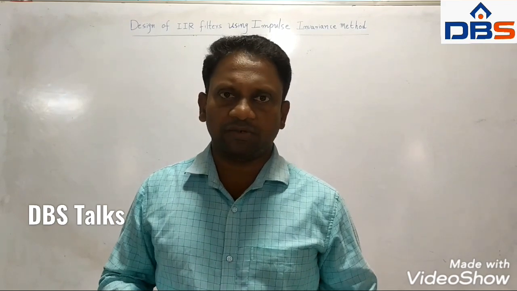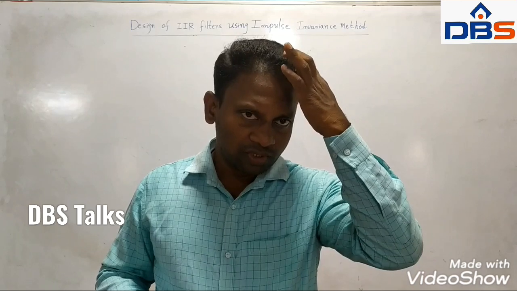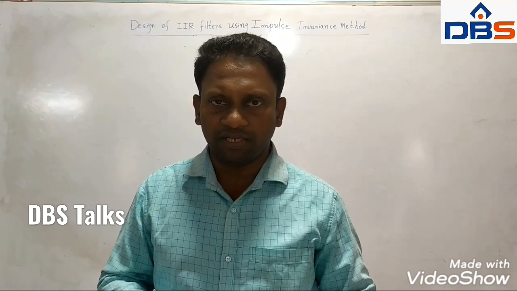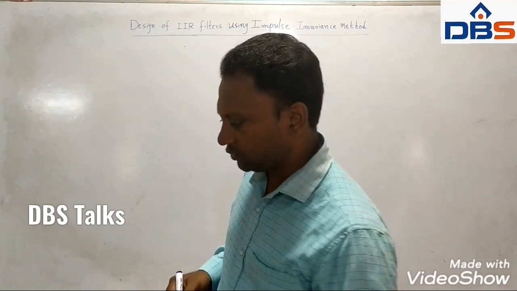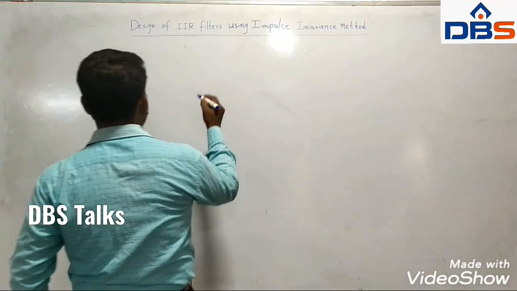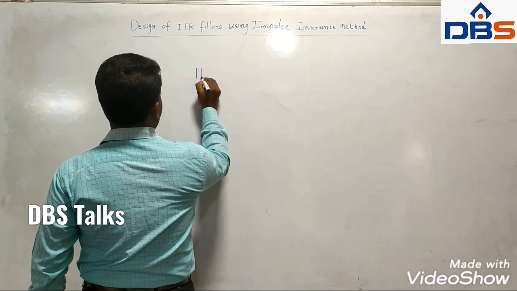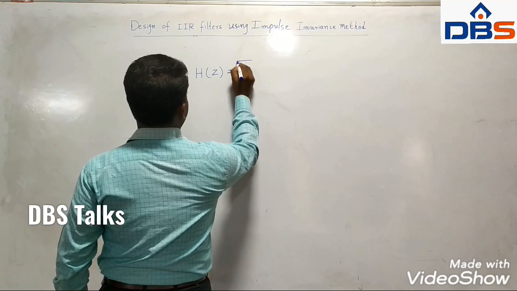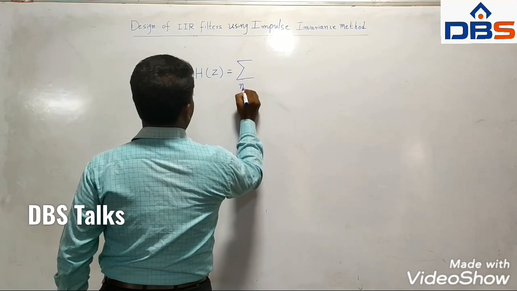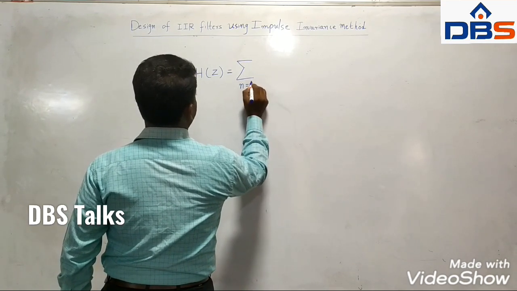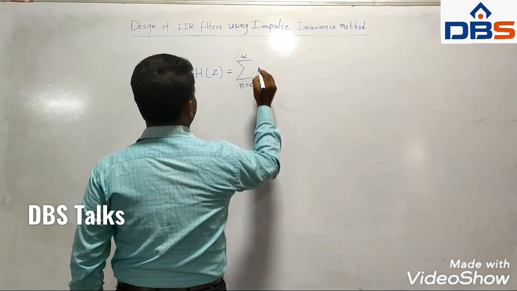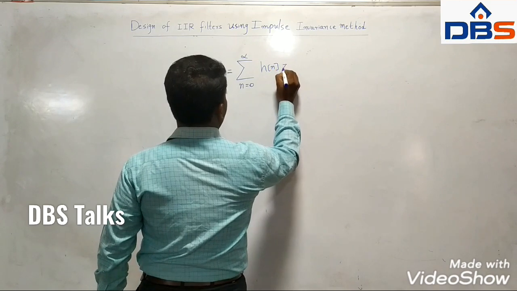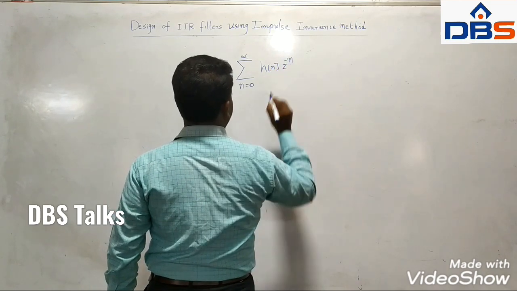So first we will see the Z transform of the transfer function of a digital filter. The transfer function is represented as H(z) equal to sigma n equal to 0 to infinity h(n) z power minus n.